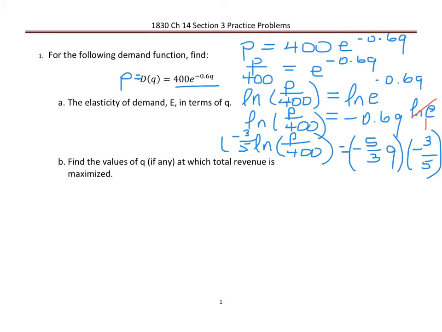And I actually don't need that parenthesis, so we'll get rid of it. And so what happens here then is that 5 cancels into 5, and of course 3 cancels into 3, and negative times negative is positive, and so what I'm left with is q.